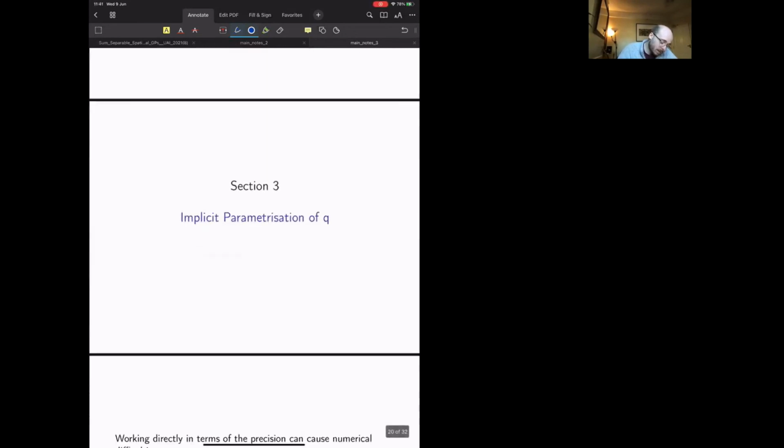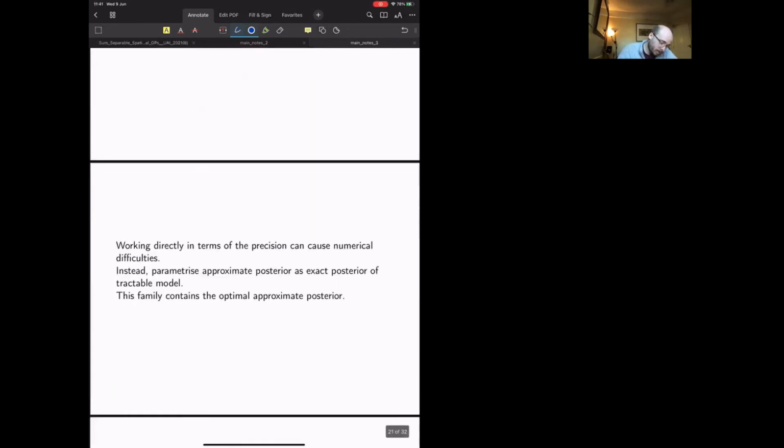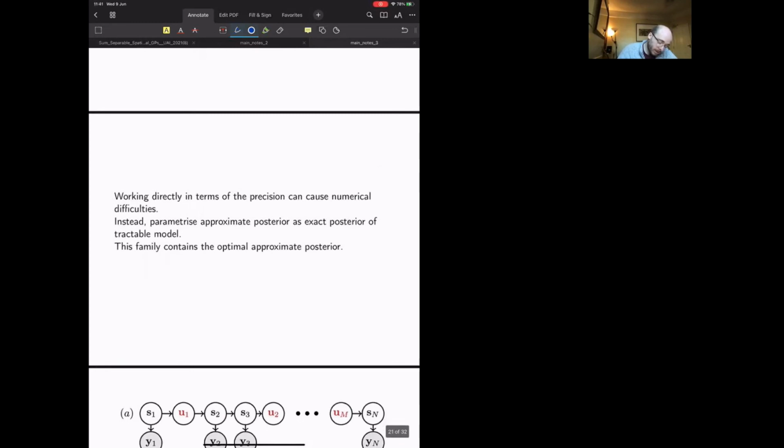So the second paper, the interesting innovation from my perspective here is that instead of explicitly parameterizing the Q of U, it goes about it through this do exact inference in an approximate model perspective.